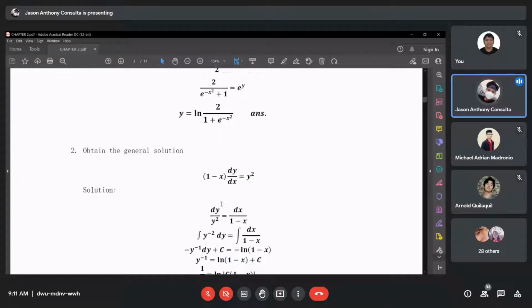So the same problem, we have the quantity 1 minus x, derivative of y with respect to x, is equal to y squared. So separate the variables, dy terms on the left side and dx terms on the right side. Okay? Divide by y squared and multiply by dx.